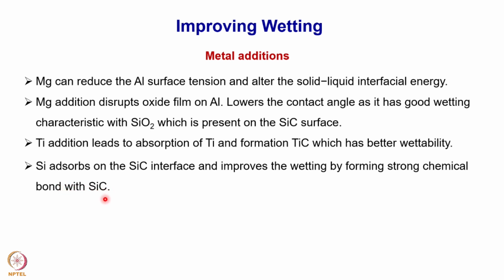I said before also that silicon will actually segregate along the interface between silicon carbide and aluminium, and with the help of this silicon which is now present along the interface, the bonding will take place. So with the additions of metals like magnesium, titanium, silicon into aluminium, the wetting and the bonding can be improved.